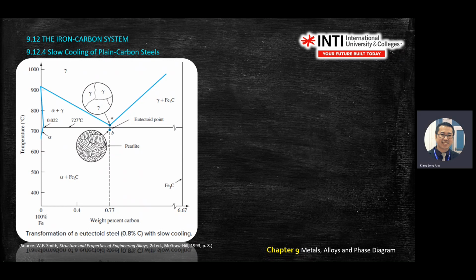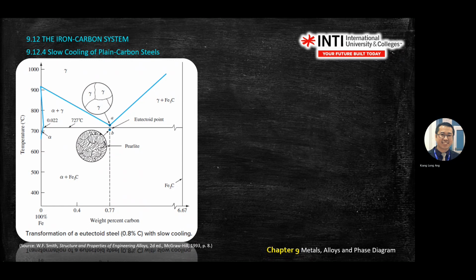Here, before we go into the diagram, you look at the diagram and identify what phases or elements you have. You come in from 1000 degrees, then slowly cool down. You have gamma, then as you drop, you meet alpha plus gamma.